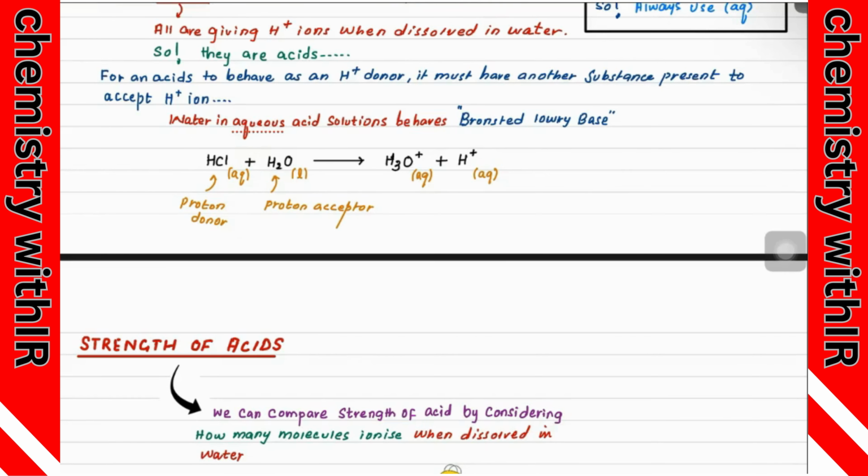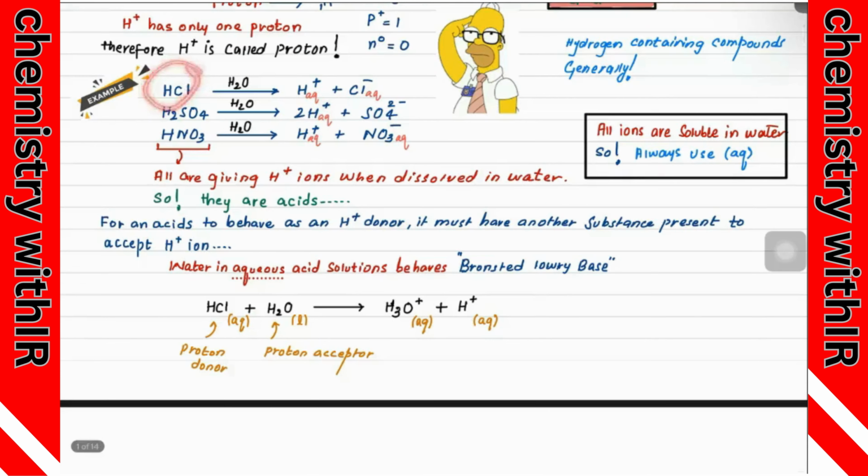Let's suppose we have HCl: it has two ions, H positive and Cl negative. H2SO4 has H positive and SO4 2 negative. HNO3 has H positive and NO3 negative. But you can see one common thing, that is H positive. H positive is present in all of the acids.